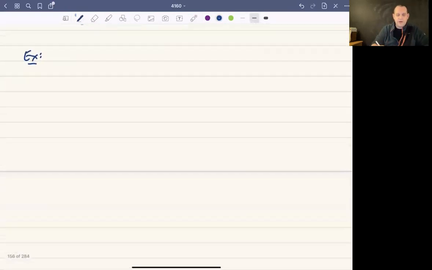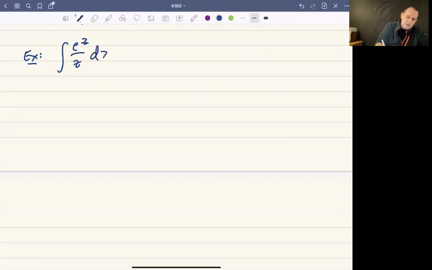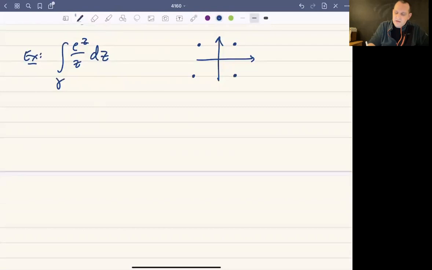Another example I wanted to talk about was the integral of e to the z over z dz, where we're going to integrate over gamma, where gamma is the positively oriented square with vertices 1 plus i, -1 plus i, -1 minus i, and 1 minus i. And again, positively oriented.